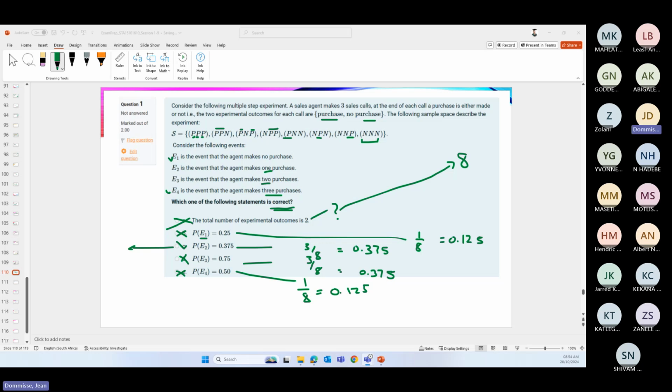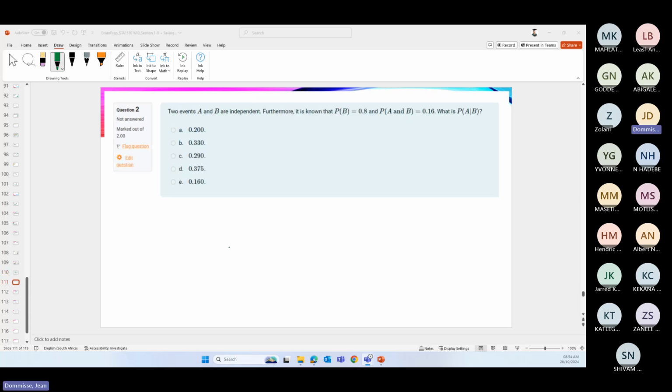Okay, so let me just go into the next one, so that we can go to question 2. So now with this, they give us 2 events, A and B. They tell us it is independent.